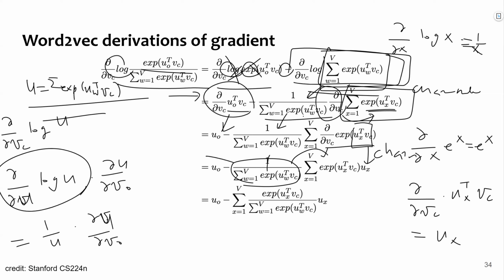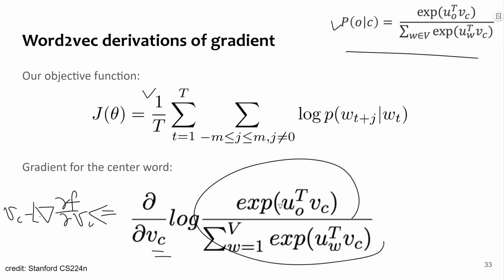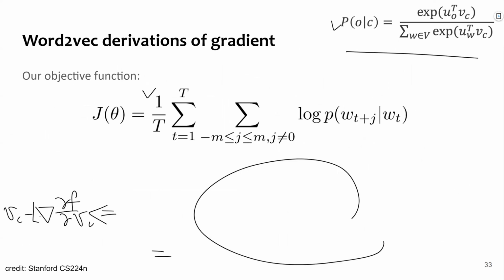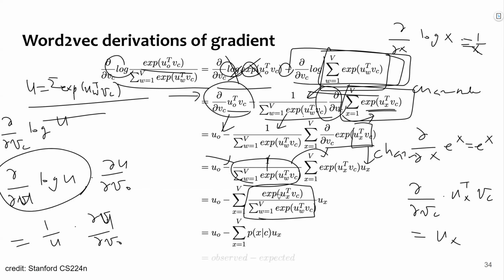Because this is a constant, it is okay to put this inside this summation. And what is this? We saw this in the previous slide. It was the probability, right? So this is the probability of x given c.